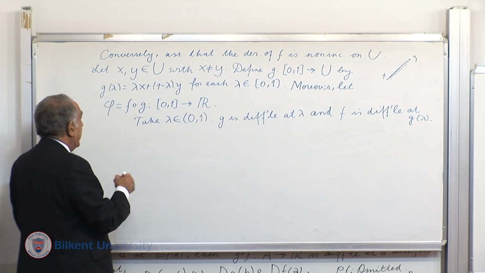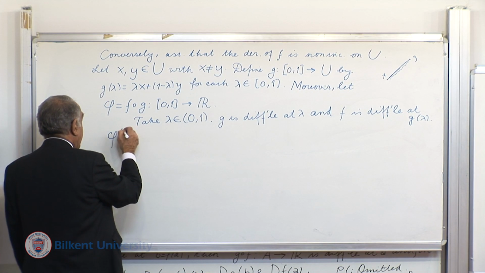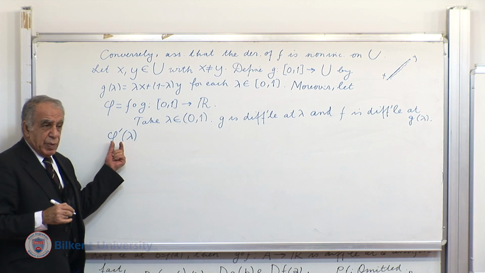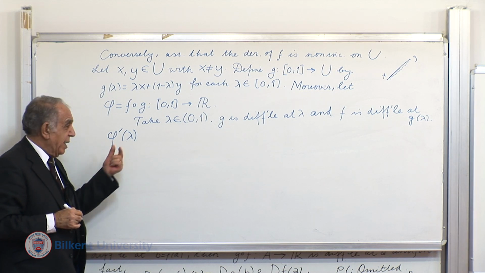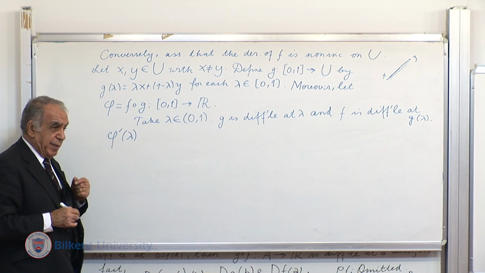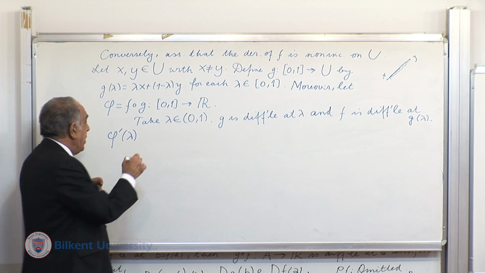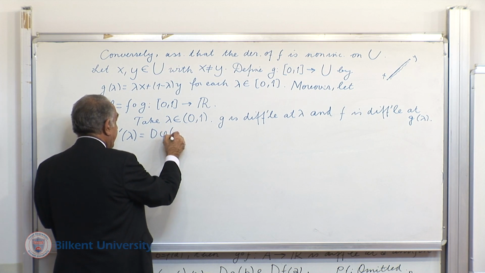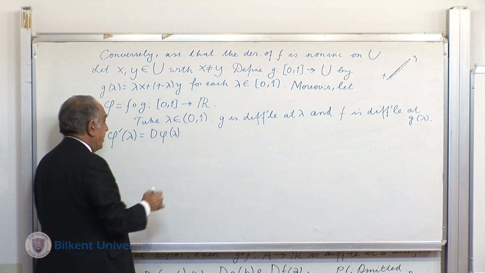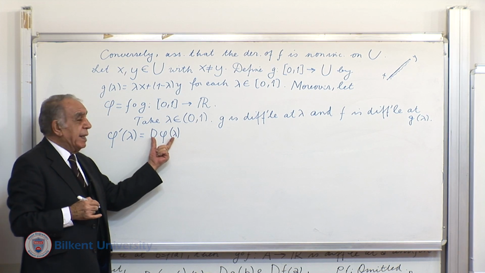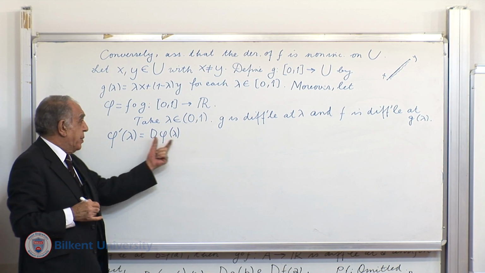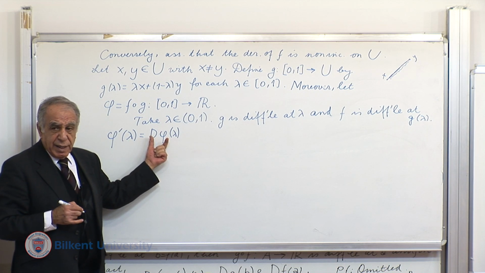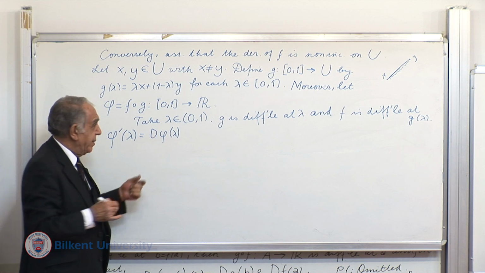Now, we wish to compute what phi prime lambda is. Now this is the calculus derivative. But we know that this is the linear map which represents the calculus derivative evaluated at 1.